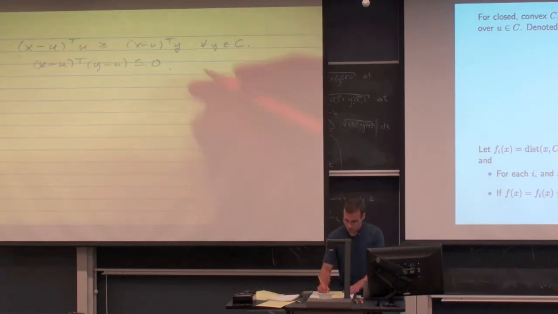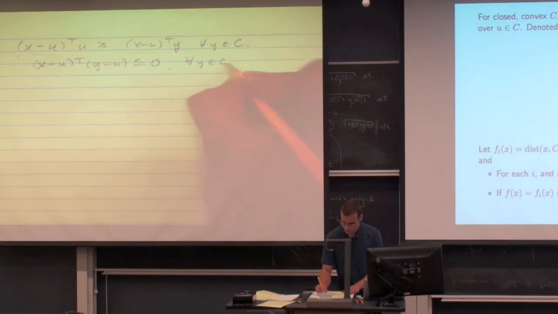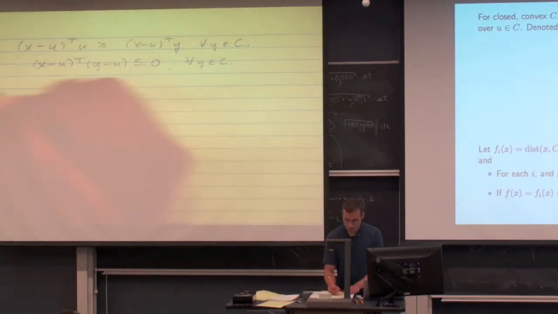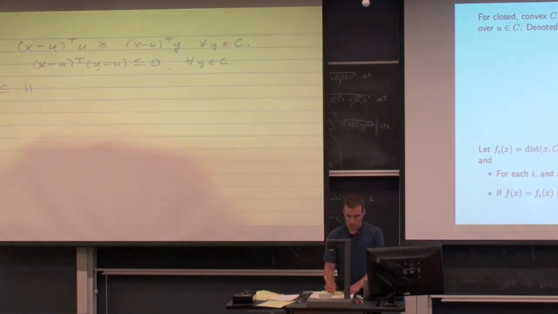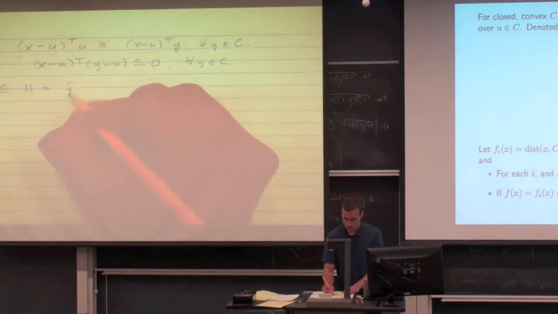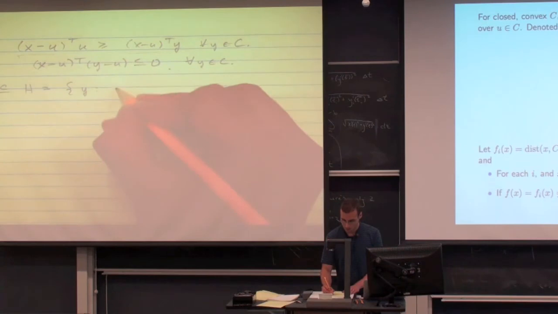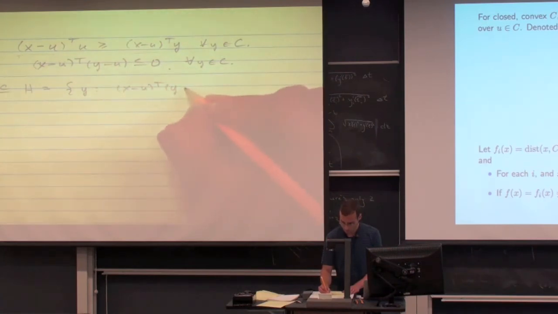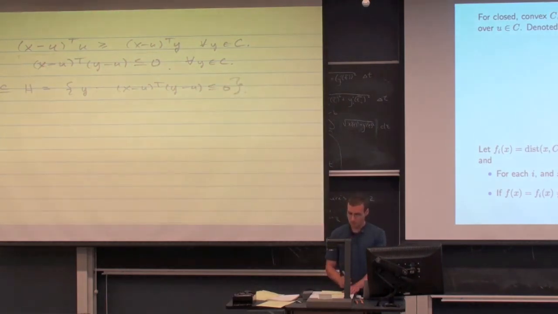Okay, so that's true for any y in C. So we can certainly say that C is actually contained in a half space, and that half space is equal to the set of all points y for which this inequality holds. Okay, so let's just redraw that picture real quick.